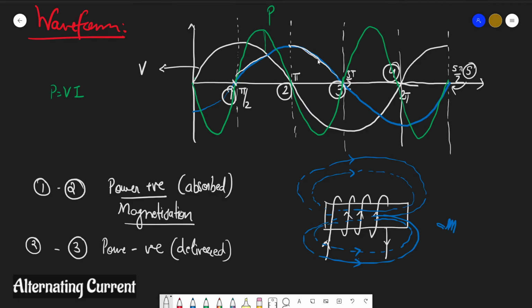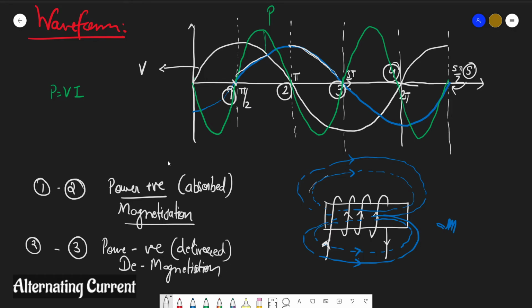Di by dt is now falling. So you can say that demagnetization is occurring. Current will continue to flow in this direction, but this current will be decreasing, so this flux line will become less and less. That's why it is going into the demagnetization state.